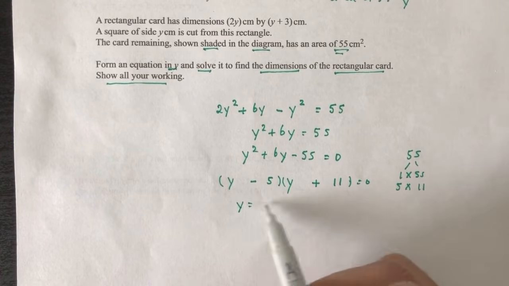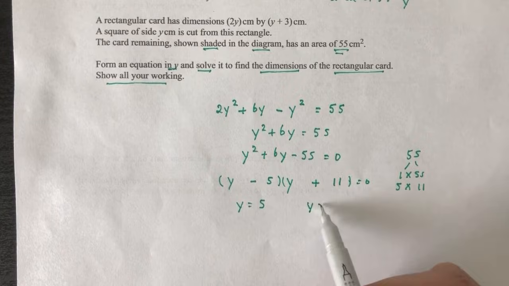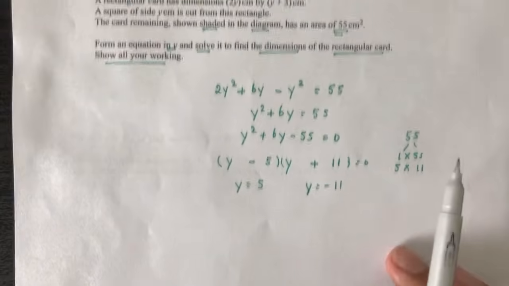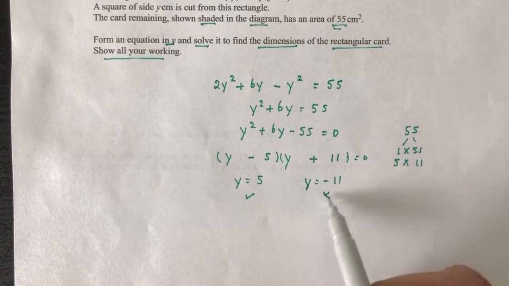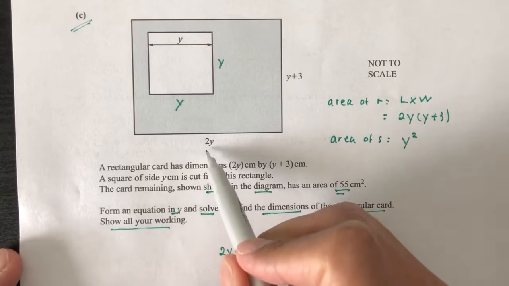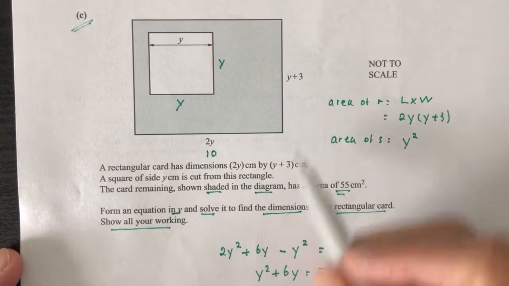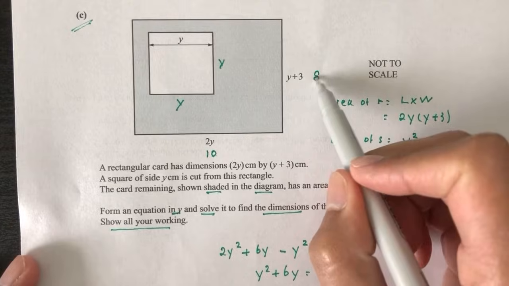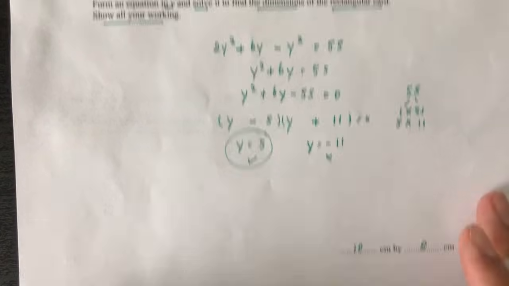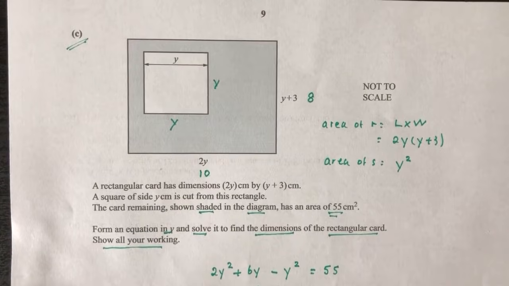So the value of y will be 5, or it can be minus 11. But here the value of y is a side, it can only be positive. So the value of y will be this and not this. So we take this. So now we want to find the dimensions of the rectangle. Replace the value of y in this rectangle. So 2y is 2 times 5 will be 10, and this is 5 plus 3, that will be 8. So the card has dimension 10 by 8, and that is the last part of question number 5.